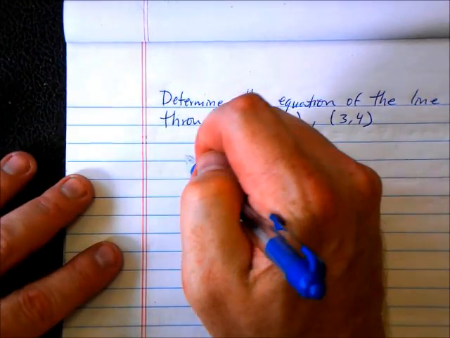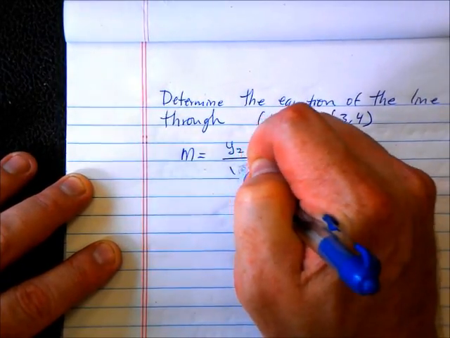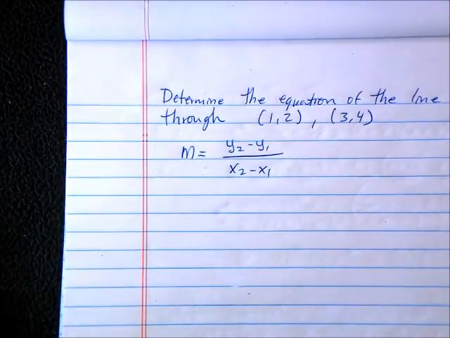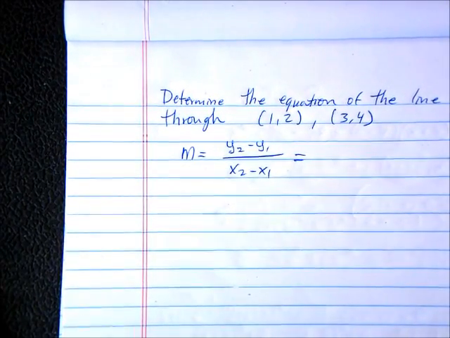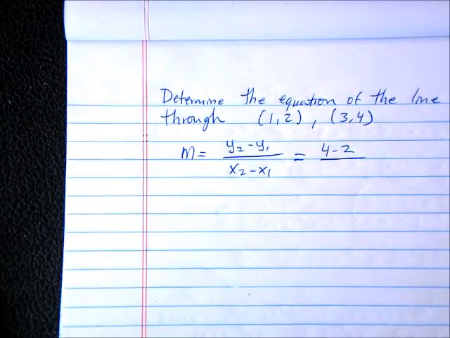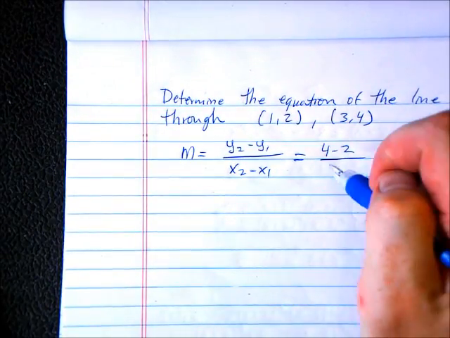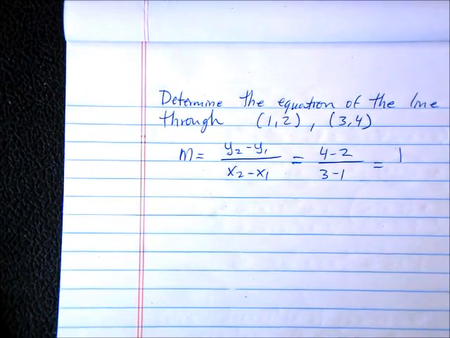Quite often the formula for slope is written as y2 minus y1 over x2 minus x1. In this case, what's y2 minus y1? 4 minus 2, which is 2, over, what's x2 minus x1? 3 minus 1, which is also 2. 2 over 2 is 1. All right, so we know the slope.